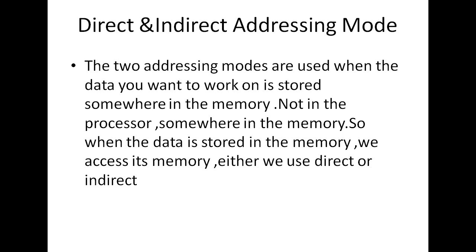Of course the data was stored in the memory first and the processor fetched the instruction, but when you addressed the data, you addressed it either in the instruction itself or in the register. So all these are in the processor. You don't have to look into the memory. But in these addressing modes, the data will be given in the memory and the processor will have to fetch the data from the memory. You have to access the memory for getting the data.